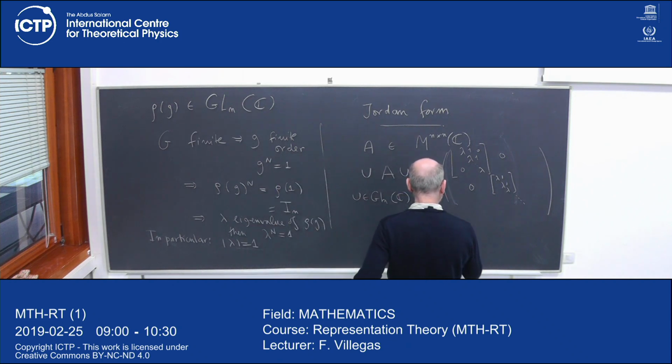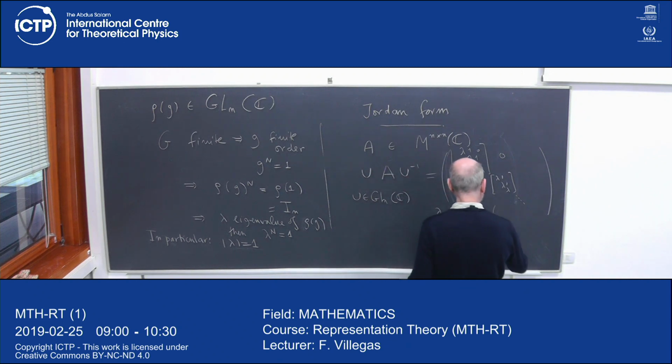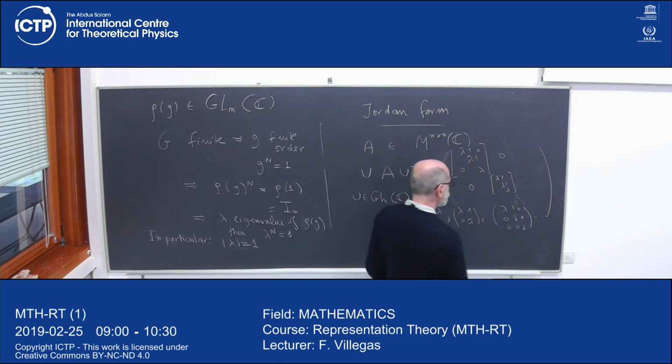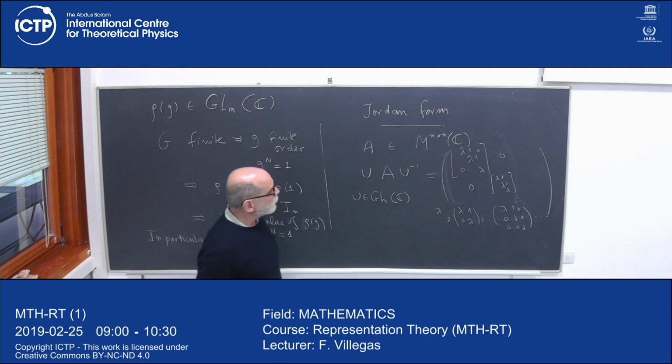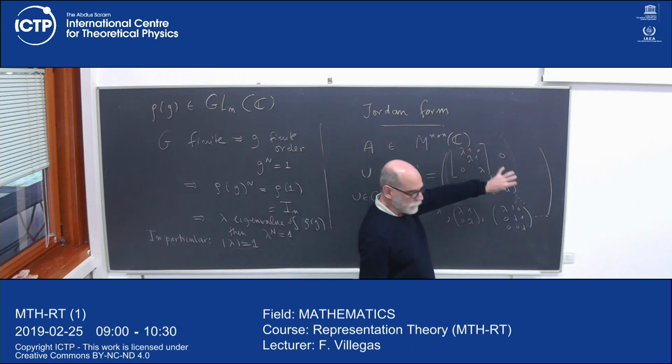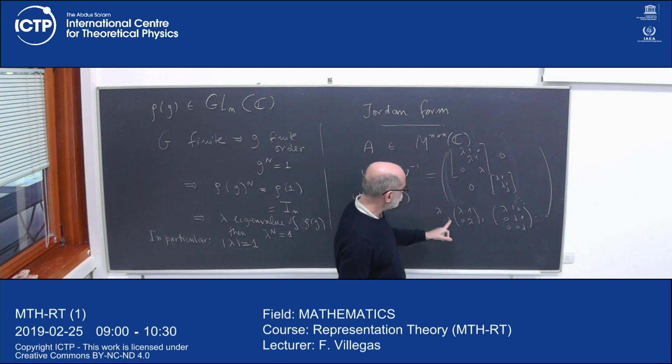So a Jordan block of size 1 would just be lambda, a block of size 2 would look like this, a size 3 would look like this, and so on. And a matrix A can be seen, up to an appropriate change of basis, as a sum of blocks of this kind for each eigenvalue.